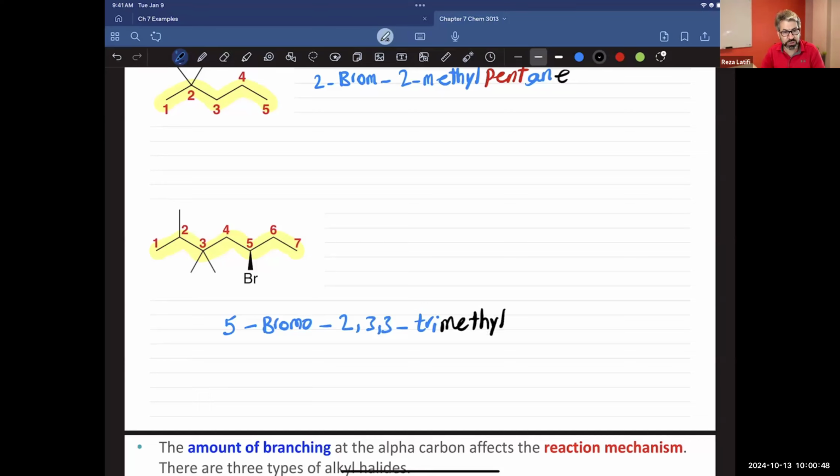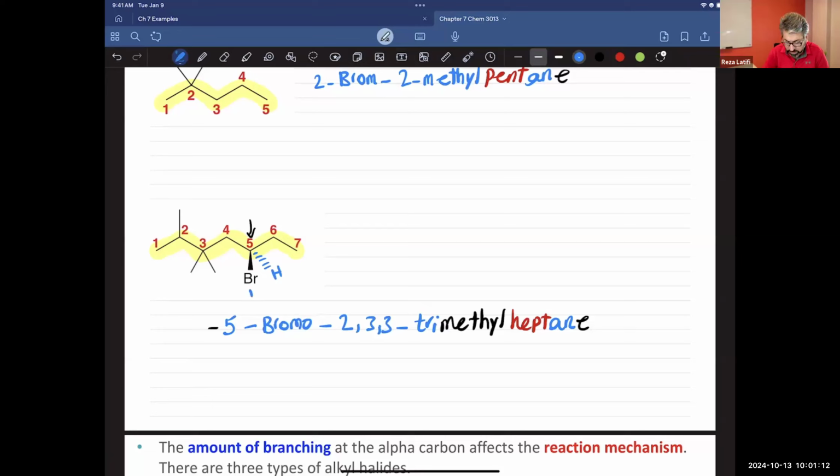The compound has 7 carbons, so we say heptane, because it's saturated, so this one ends with ANE. Now, I have a stereocenter, and the bromine is facing towards us. That means hydrogen will be at the back of the molecule, and that's going to be the 4th priority.